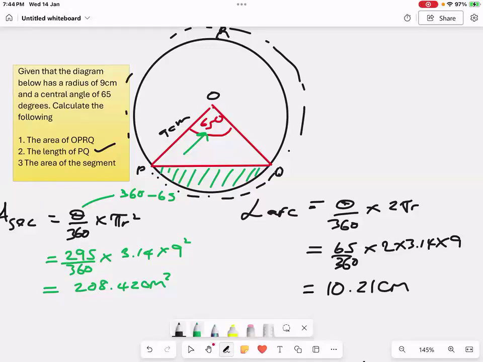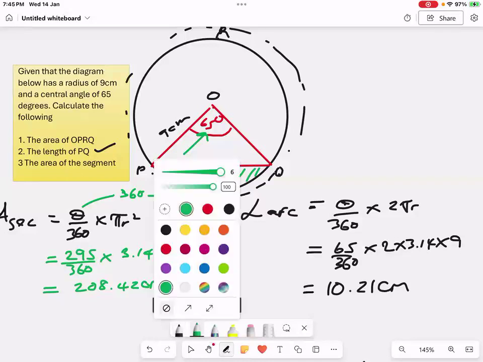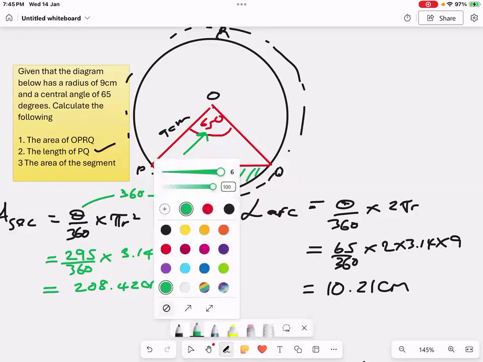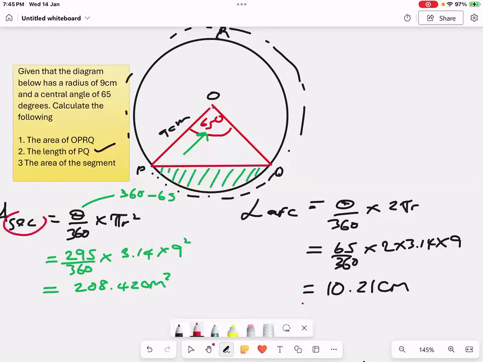We found the area of the sector first. What we just did was find the length. So that's why the formula has a slight difference. You can see sector, pi r squared. Arc, 2 pi r. All right.